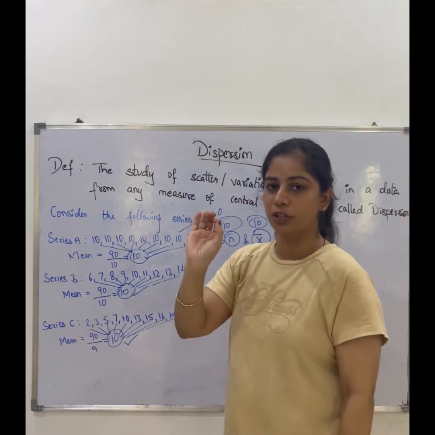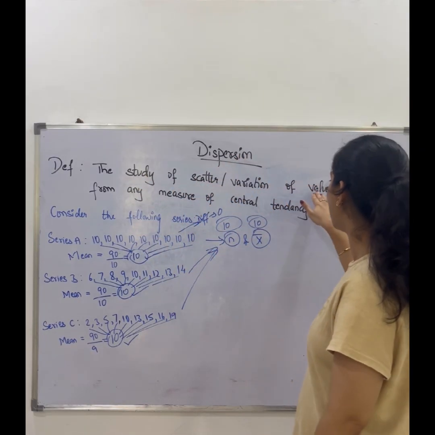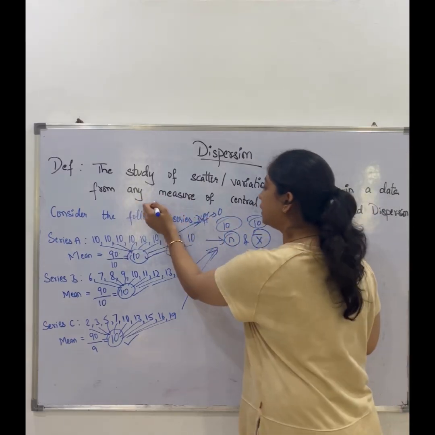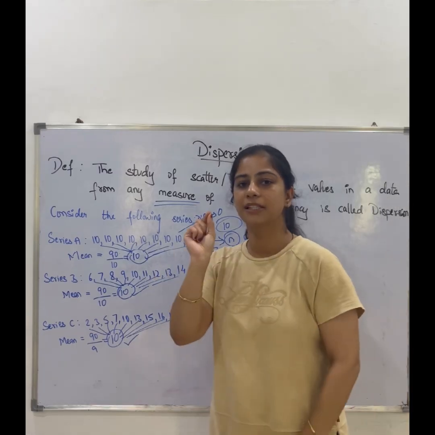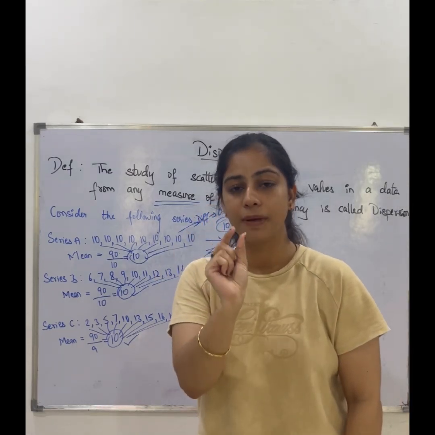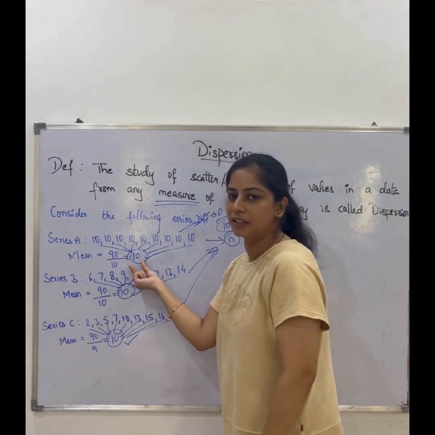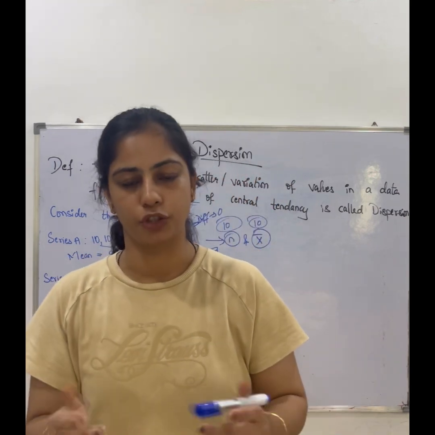So what does dispersion actually mean? The study of scatter or variation of the values in a data from any measure of central tendency is called dispersion. So how much is the data or the value deviating from this particular central value? That is what we are going to see in this topic of dispersion.